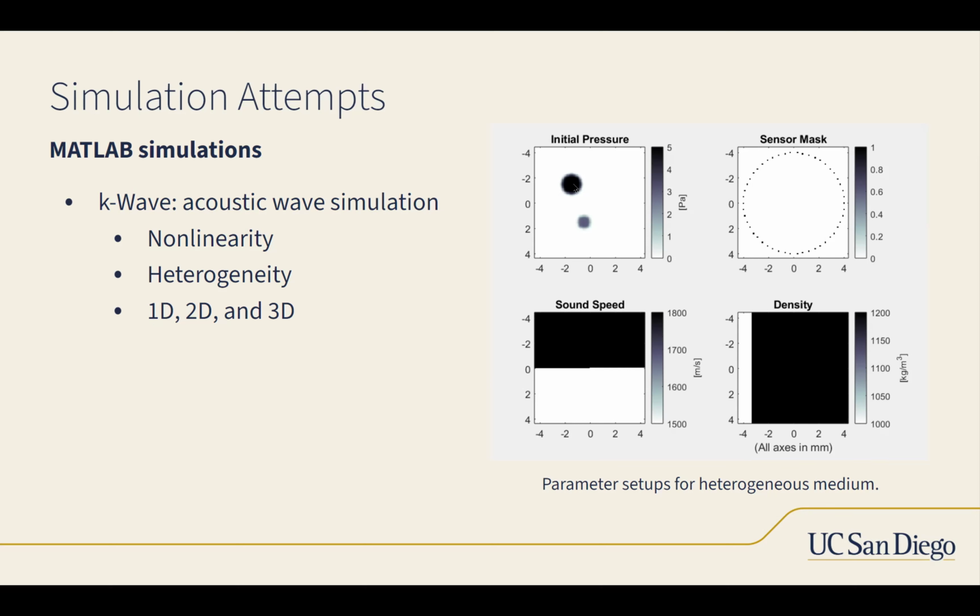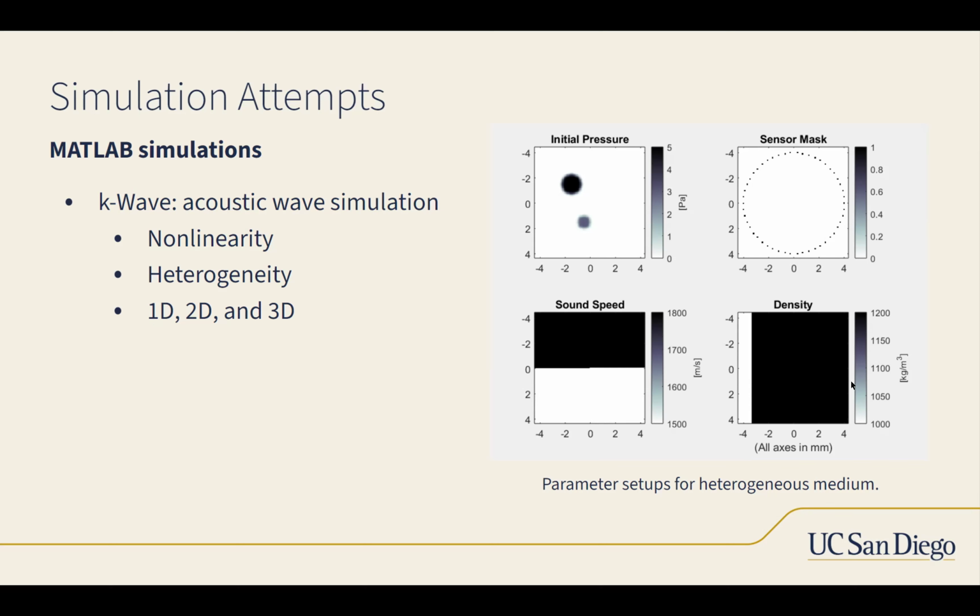On the top left, you can see that I did a 2-point pressure source, and I did a circular sensor mask around that pressure source. Then I varied the sound speed on the top and bottom. I think for the bottom I did 1500, and for the top I did 1800. And then for the density, I also set it so that this part of the medium is going to act differently in terms of density.